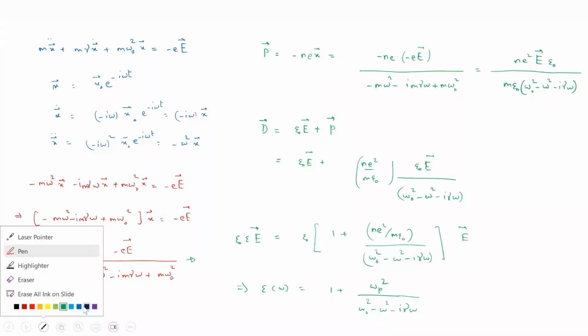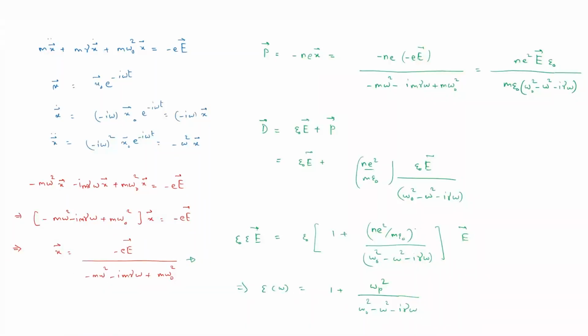We can write this part in the bracket as omega p square, which is nothing but n e square over m epsilon naught. This is what we have here, and this is the dielectric function in the presence of interband transition.